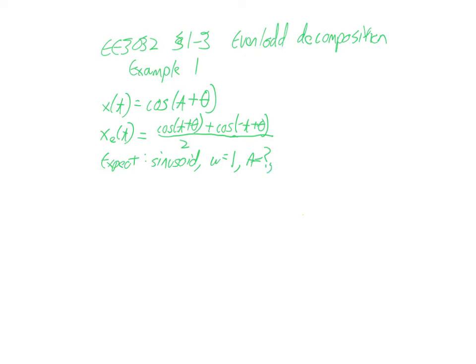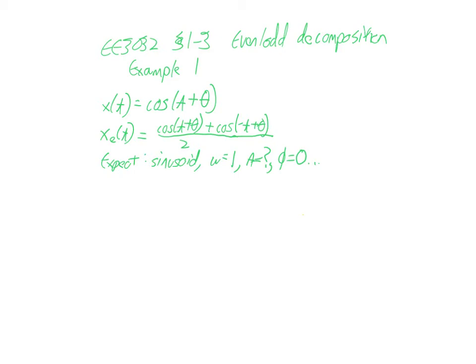And we expect the phase shift to be 0 relative to a cosine, because we expect that this formula will give us an even result. So let's see if we go through this formula if we get what we expect.